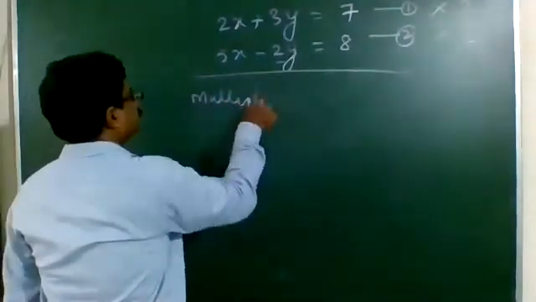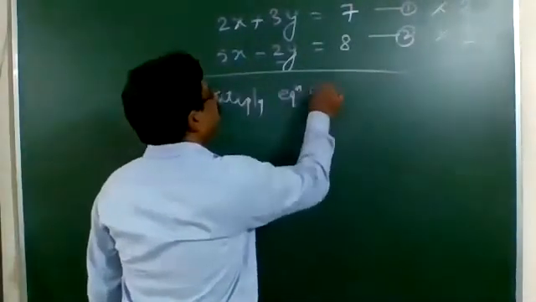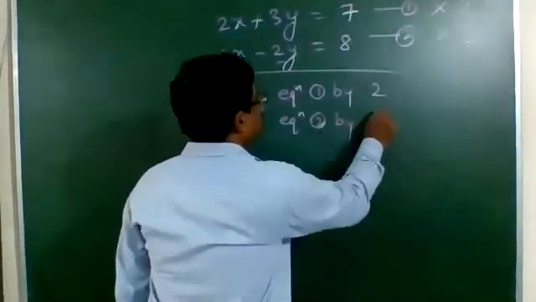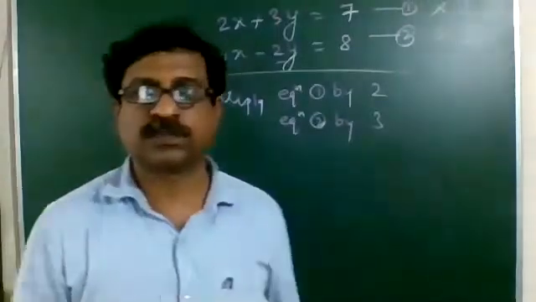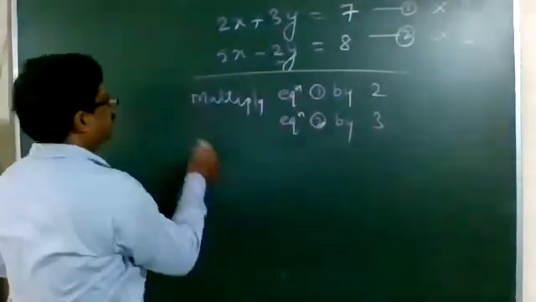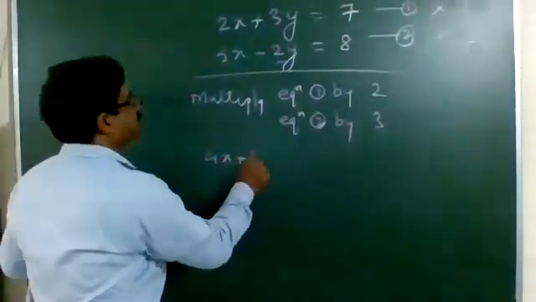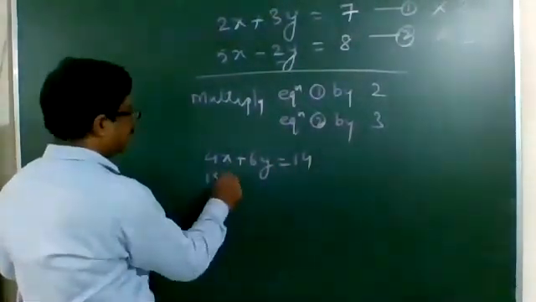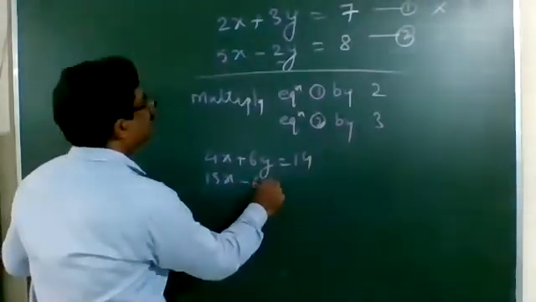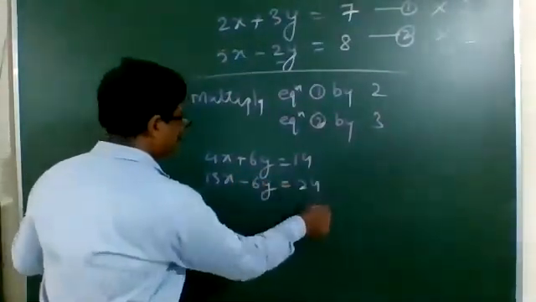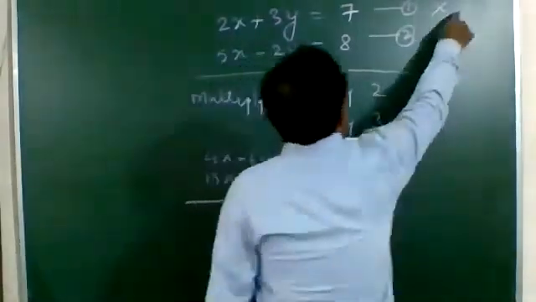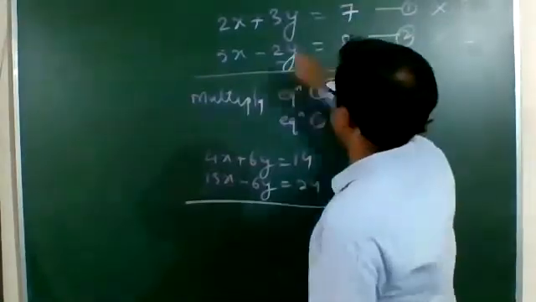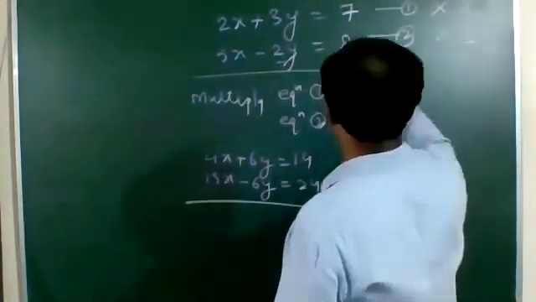Multiply equation 1 by 2 and equation 2 by 3. When you multiply, we got 4x plus 6y equal to 14 and 15x minus 6y equal to 24. 2 2s are 4, 2 3s are 6, 2 7s are 14, and 3 5s are 15, 3 2s are 6, and 3 8s are 24.